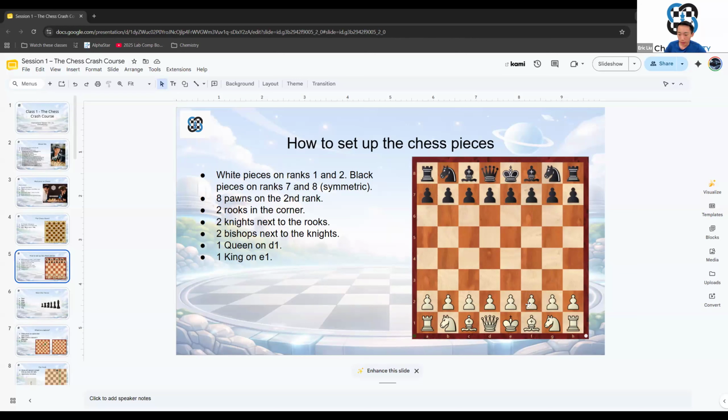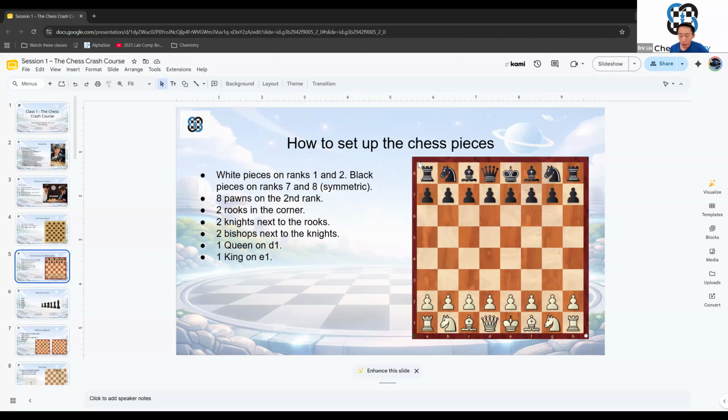Also, each side has 8 pawns, 2 rooks, 2 knights, 2 bishops, a queen, and a king. So we're going to learn more about those pieces later. But either way, it's important that you know how to set up a chessboard. It's just memorization. After a while, you'll be able to perfectly set up a chessboard, and that's good.